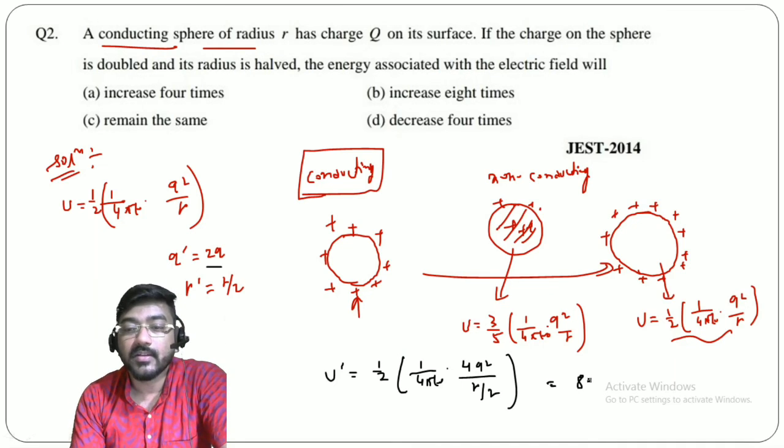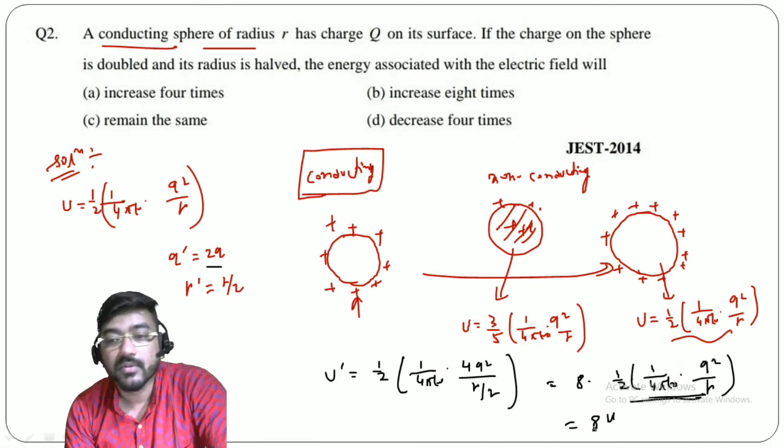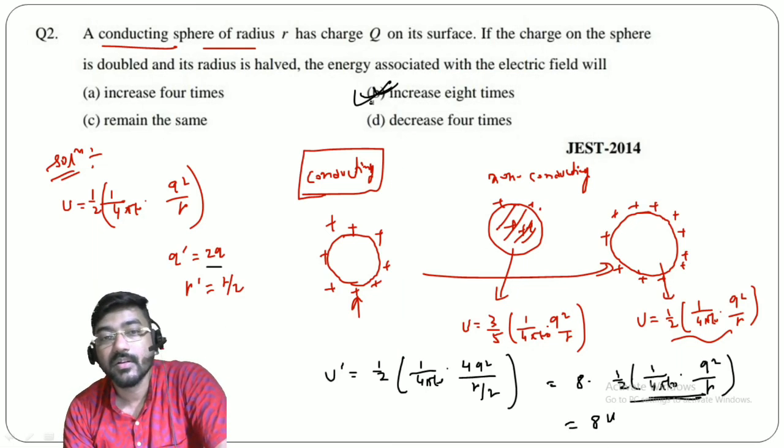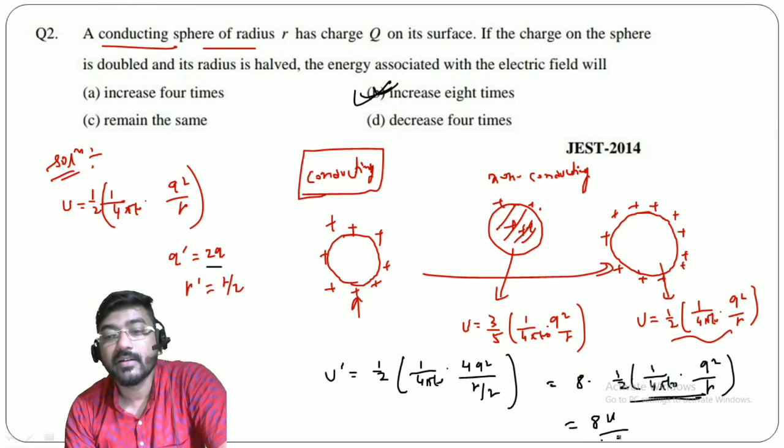So it will be 8 into half into 1 upon 4 pi epsilon naught into q square by r, and this is obviously U, so that will be 8 times. So this will be the correct answer: the total energy will increase 8 times.